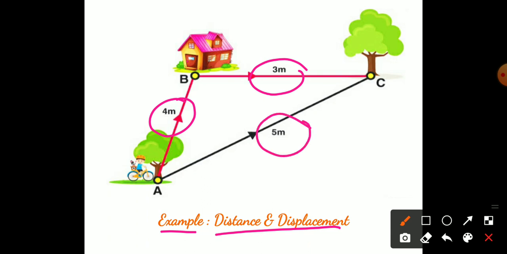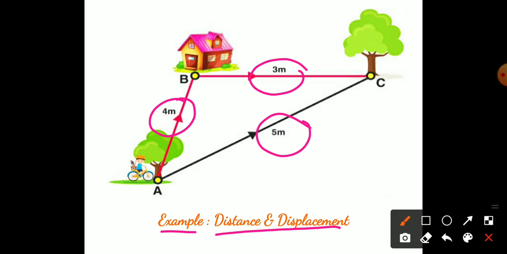When the child moves from A to B, he travels 4 meter, and then he goes to point C. The distance between B and C is 3 meters.